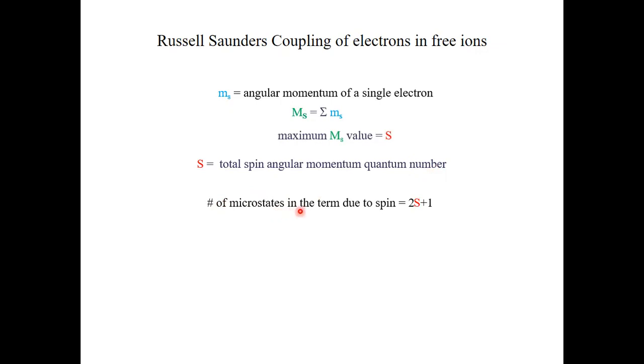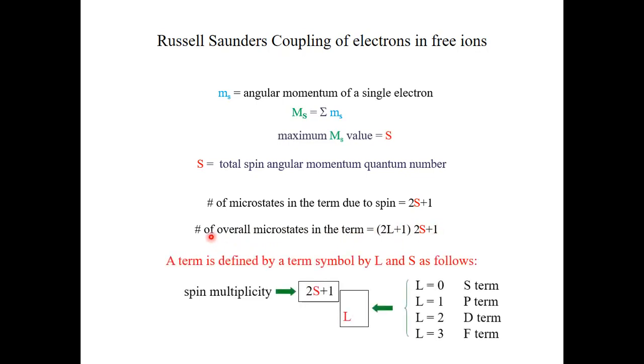So the number of microstates in the term due to spin is 2S plus 1. Overall we have microstates due to the interaction of the angular momentum of a single electron, but also interactions due to the spins, so the overall number of microstates in the term is (2L plus 1) times (2S plus 1).